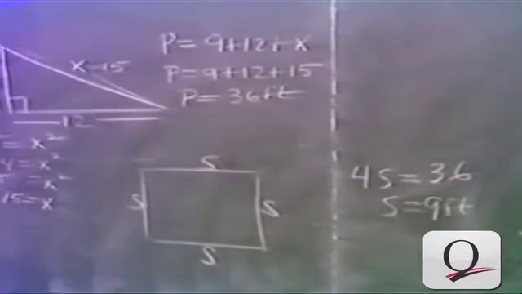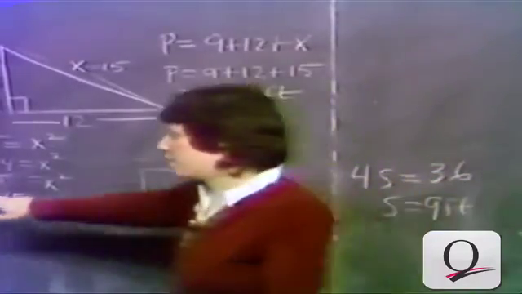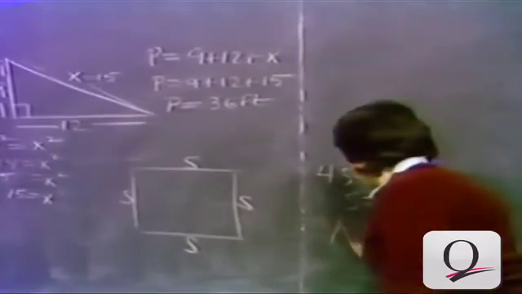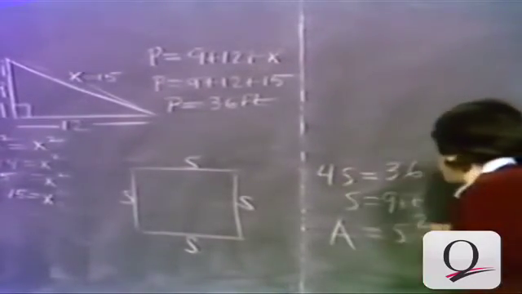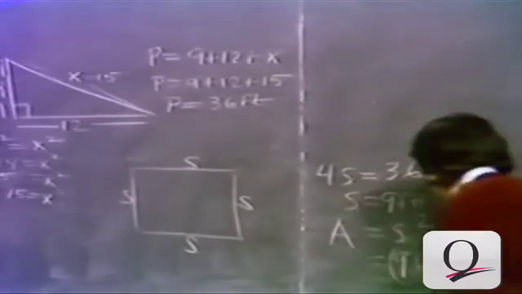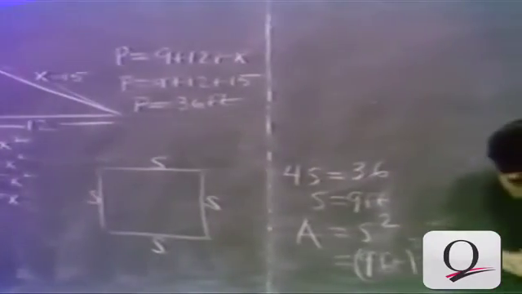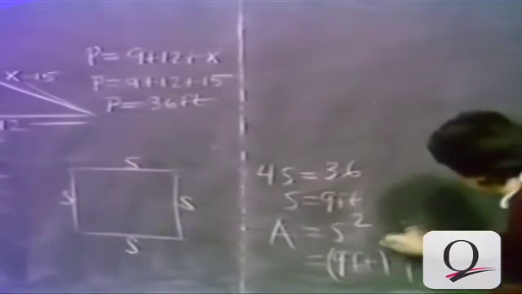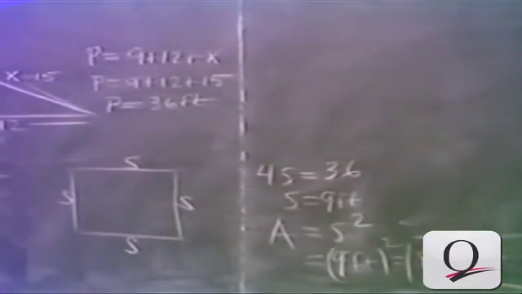Okay, now you always should answer what the question asks. It says, what will be the area of the new square yard? Not just the length of the side. The area is, of course, s squared. The area will be 9 feet squared, or 81 square feet. That will be the area of the new square yard.